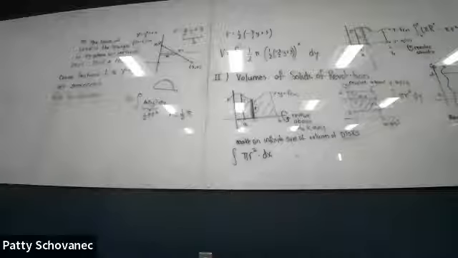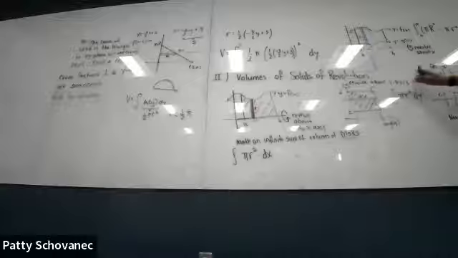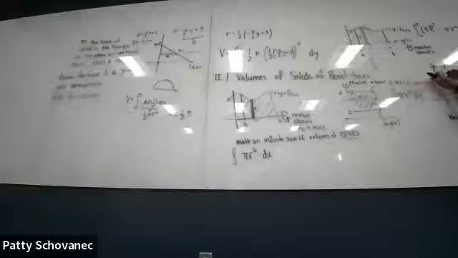Nothing changes here other than my washer comes out this way, back into the board, and then this makes a circle. So I'm going to have a big circle minus a little circle times the thickness of dy.